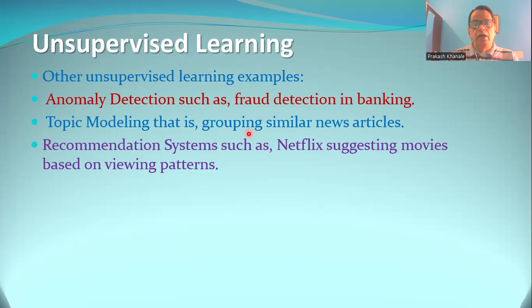We can make use of unsupervised learning in topic modeling. Whenever we are given a large number of news articles, those can be classified into different groups. As I said, we can make use of unsupervised learning in Netflix or Amazon Prime, where the system will recommend a new movie based on what you have watched earlier.